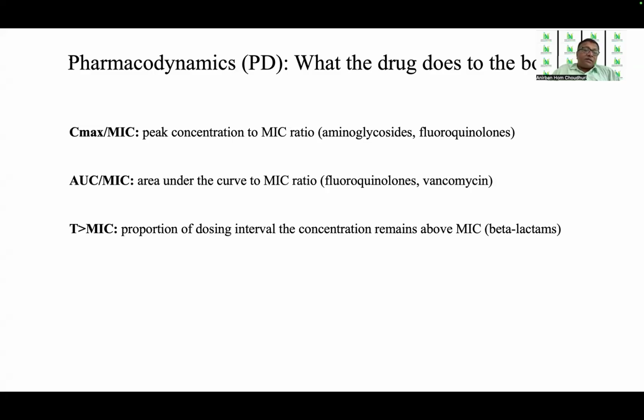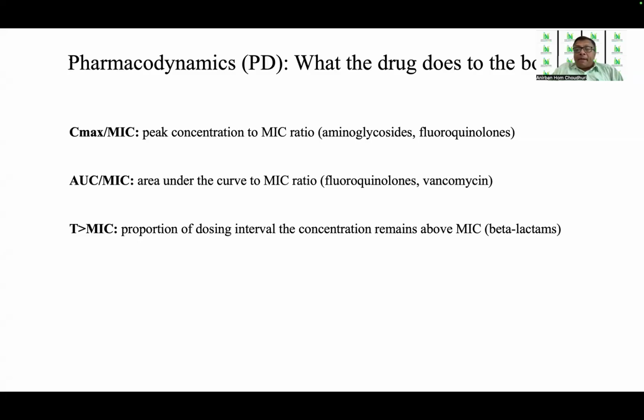So some drugs are concentration dependent. That is, the Cmax, or the maximum concentration attained in the plasma, divided by the MIC, the minimum inhibitory concentration, determines their killing effect. And the higher we raise it, the more likely the drug is to have its effect, like the aminoglycosides and fluoroquinolones.